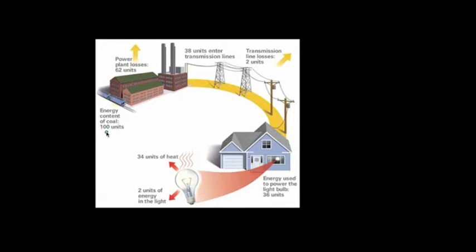Let's look here at how the energy is lost to the environment. If we start off with the energy content of coal equaling 100 units, as the power plant converts that energy into usable forms, it loses 62 units. So a very large percentage of it is lost in the form of thermal energy, of heat, sound, and light radiation.